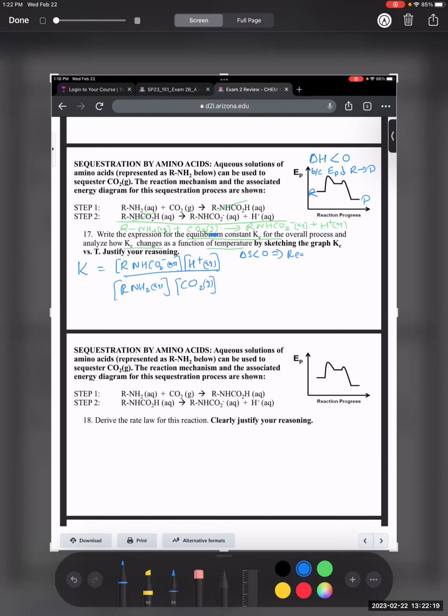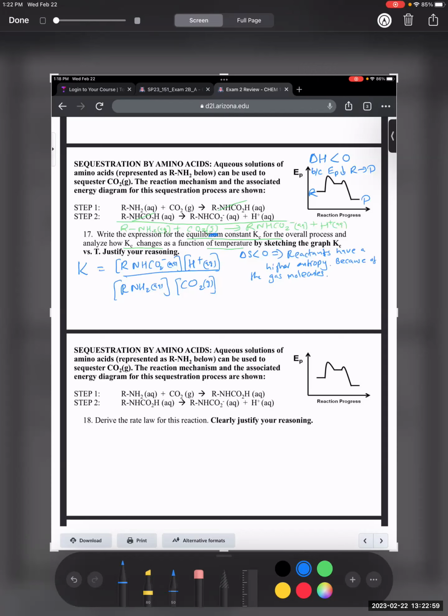Let's write that: reactants have a higher entropy because of the gas molecules on the reactant side.